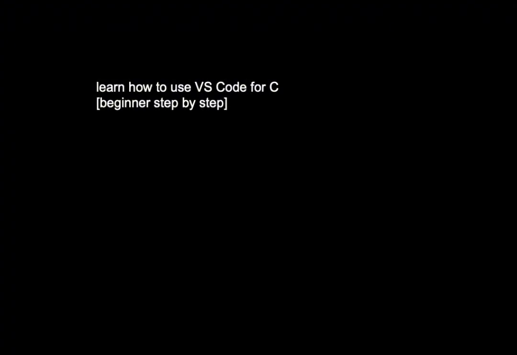There's a lot of features it provides. And first of all, I need to talk about why VS Code is very important. It's very important because it is useful when you need to debug your program.